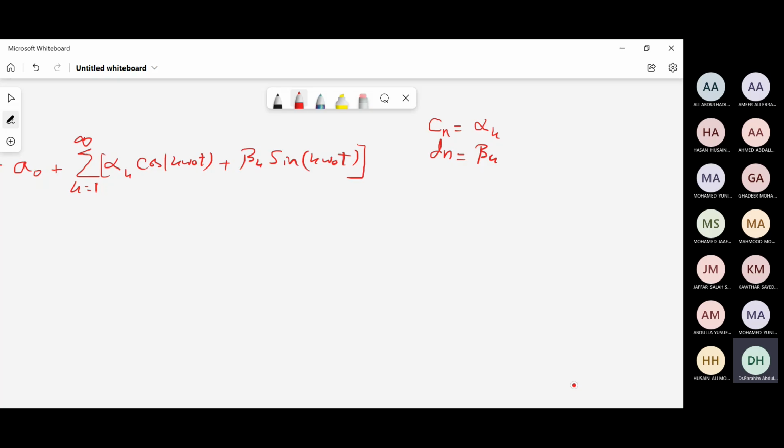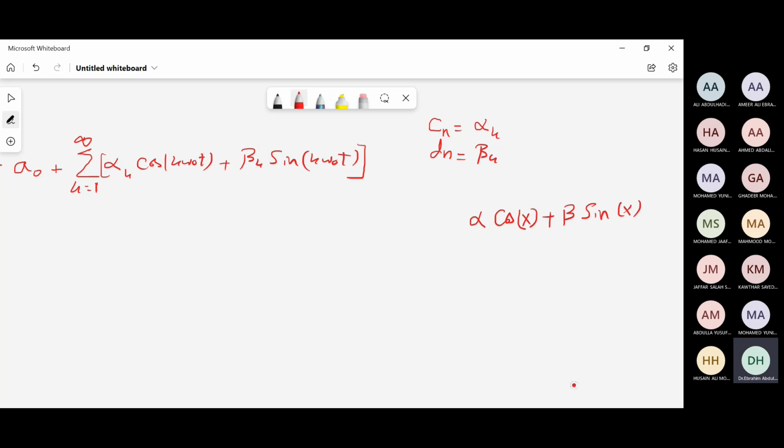We know that, for example, x anything plus beta multiplied by sine of x. This is from chapter 1 or chapter 2. We derived this formula.